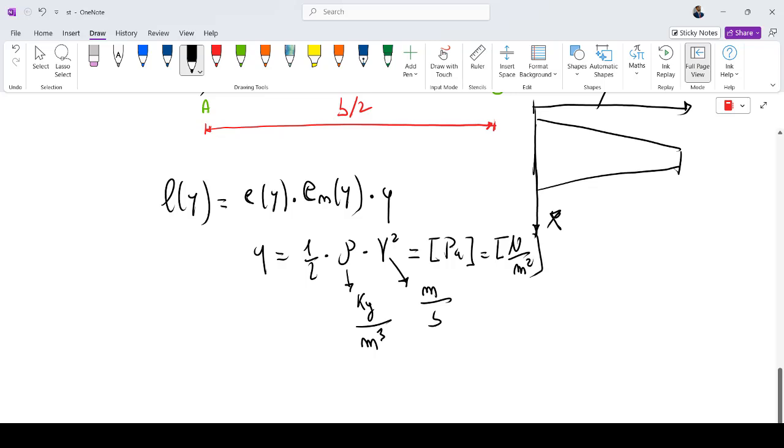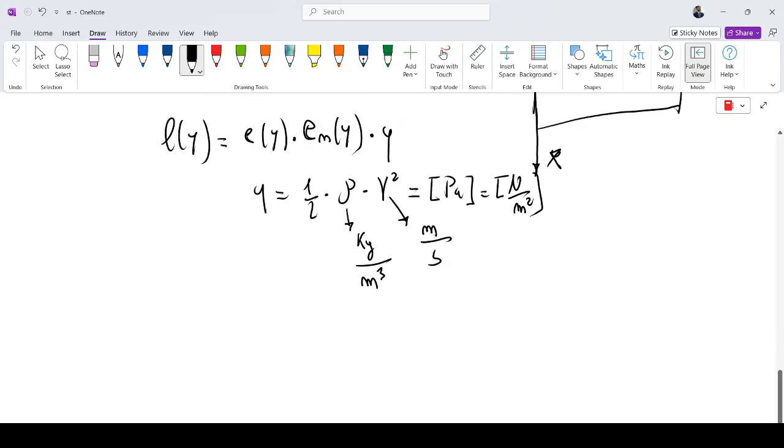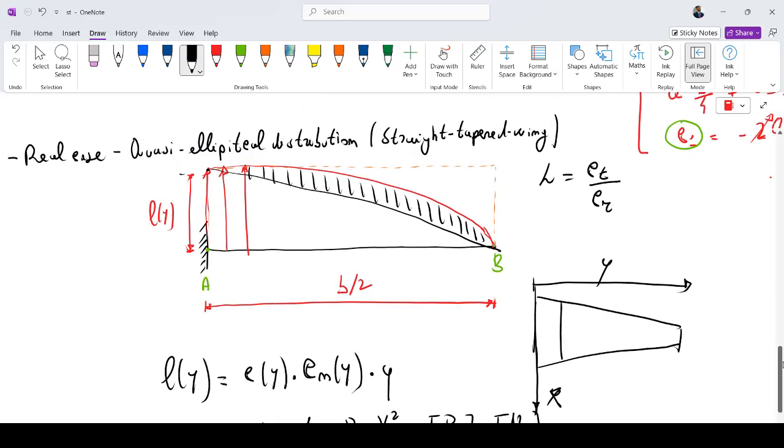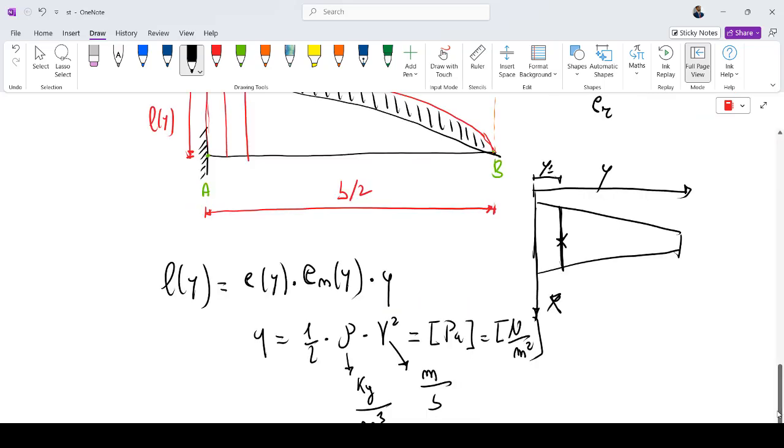If I put this formula, Cy is the chord at station Y, for instance this station Y1. So we obtain meter. This is a dimensional analysis.